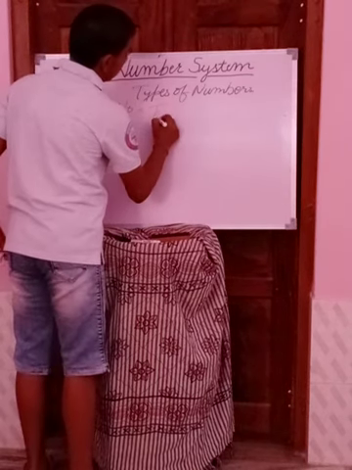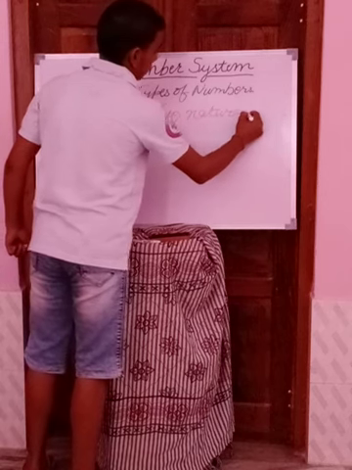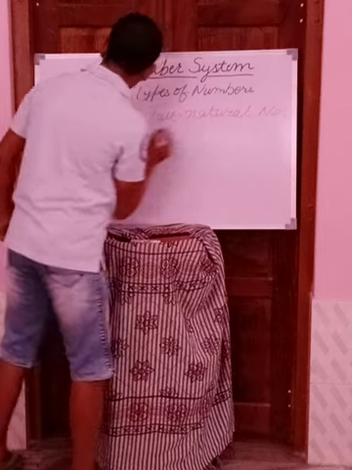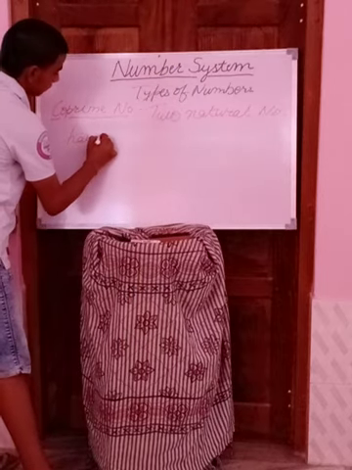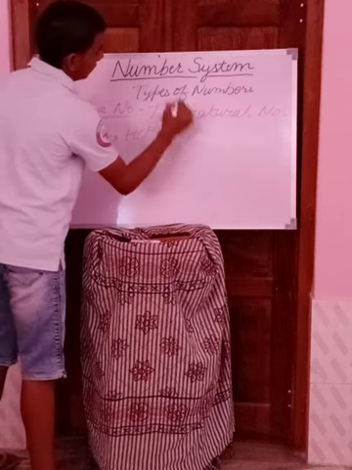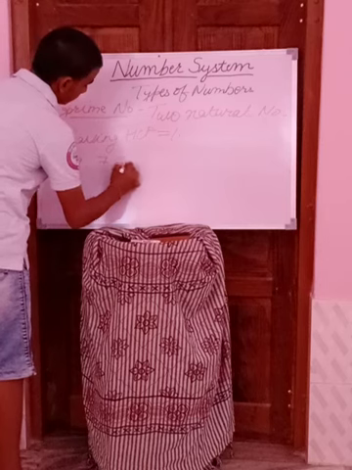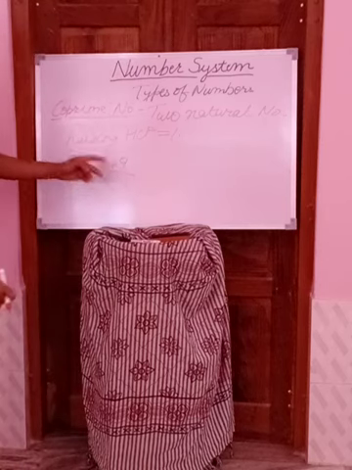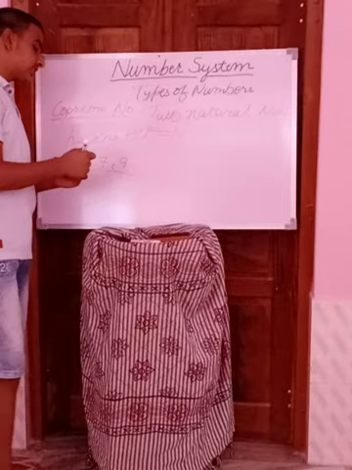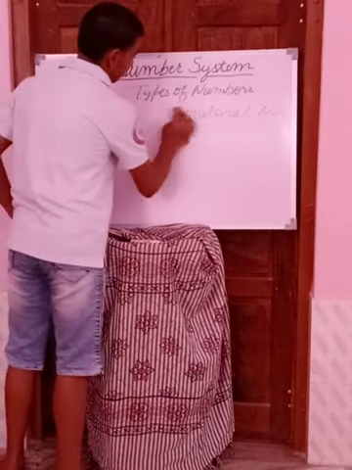It means two natural numbers having HCF equal to 1. Example 7 and 9. It is a co-prime pair because both the numbers have HCF equal to 1. So now let's discuss composite numbers.